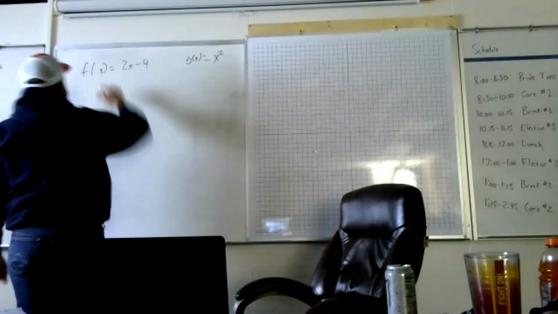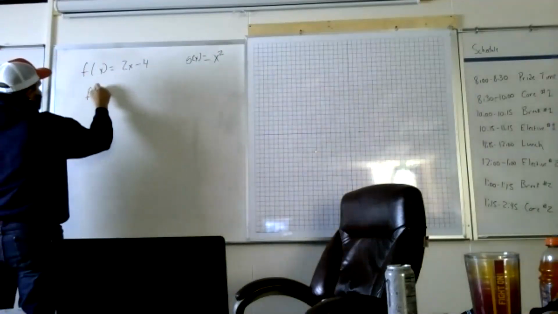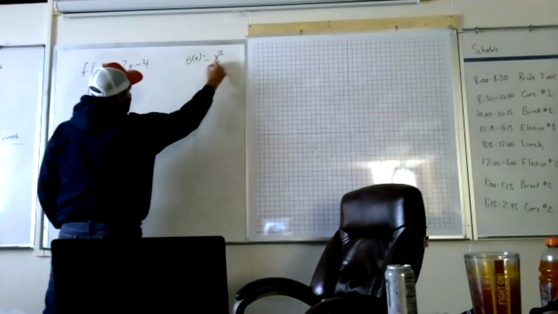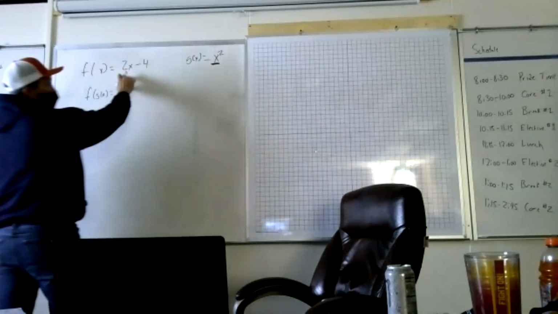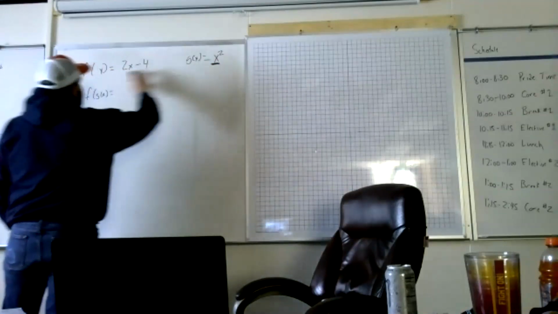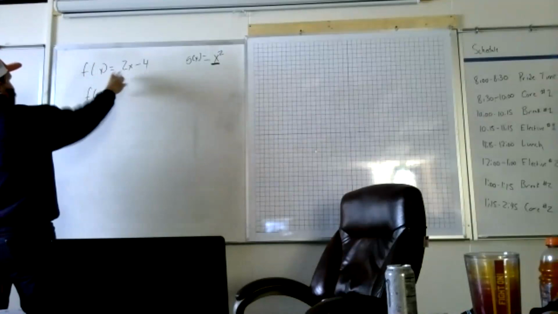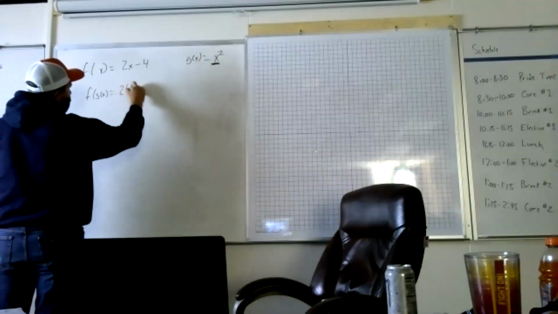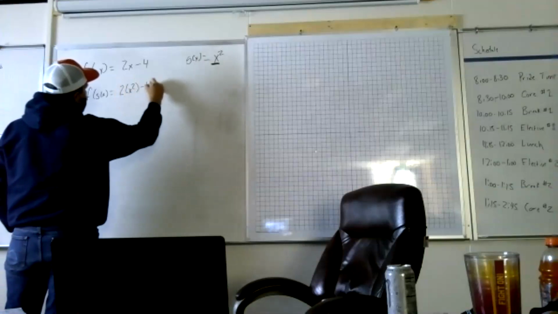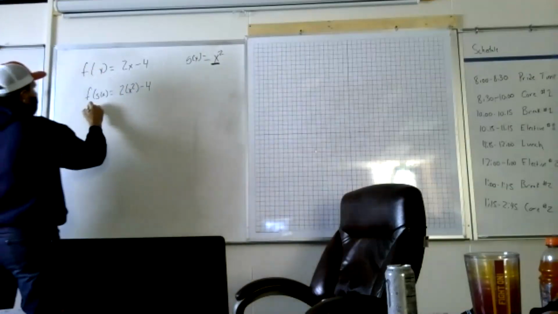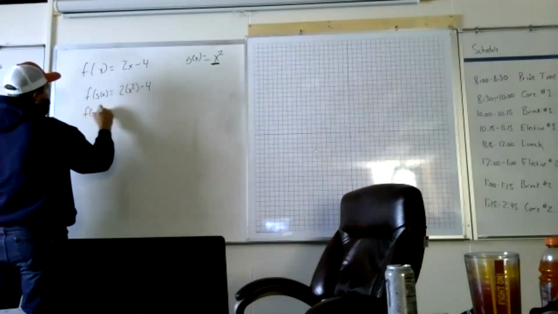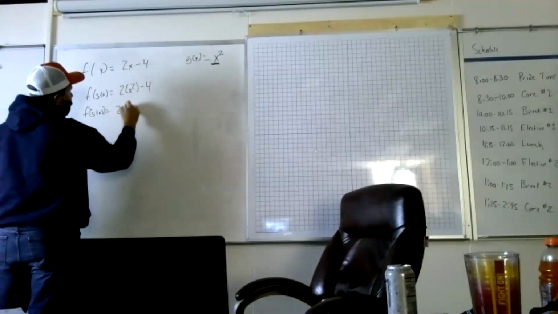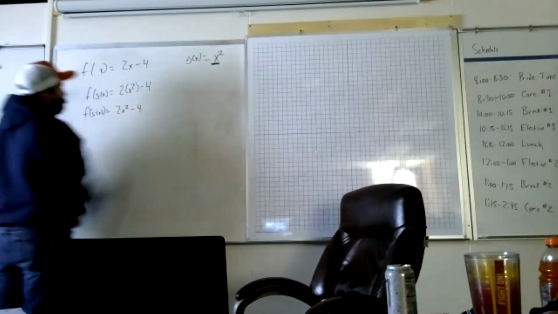If we're going to find f of g of x, remember we have to plug this whole term into the variable, and then we carry out all of our order of operations. So that's 2 times x squared minus 4. So f of g of x is equal to 2x squared minus 4.